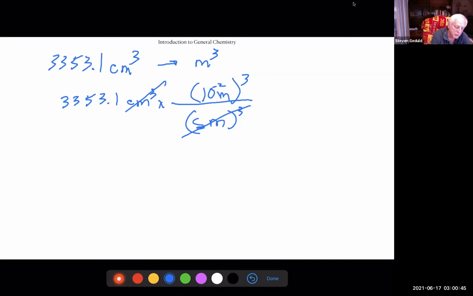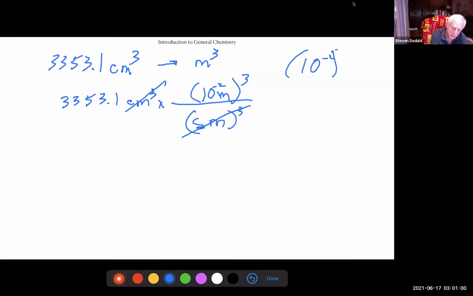Now, you're raising an exponent. When you multiply exponents, you add them. When you raise an exponent to another exponent, you multiply. So 10 to the minus 2 cubed is equal to 10 to the minus 6. Okay, so when you're raising an exponent, remember, you're raising that by 3, it's cubing it.